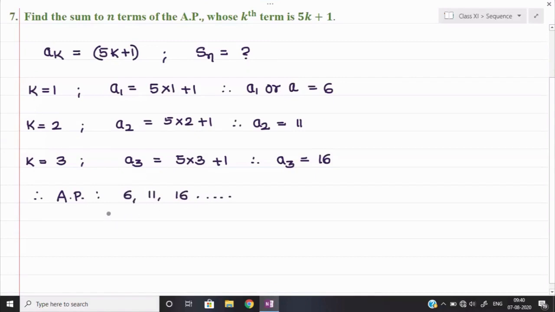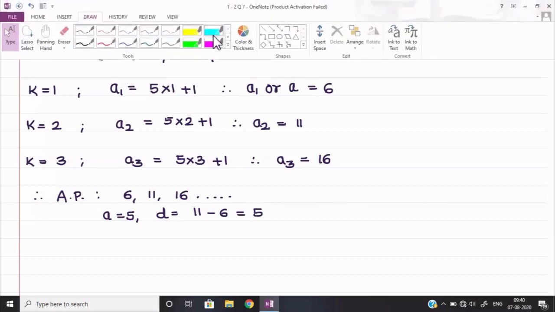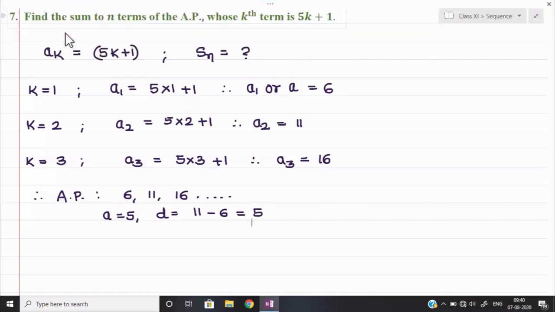So see, we got here A is equal to 5, then D is equal to 11 minus 6, which will also be equal to 5. Sorry, A will be equal to 6. Let me correct this one. In a hurry, I wrote A is equal to 5. A is equal to 6 over here. So A is equal to 6 and D will be equal to 5.